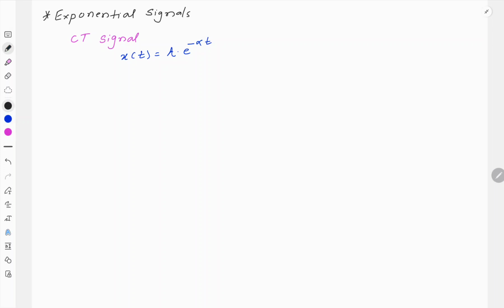So if we plot this exponential signal, it is in this way. We have axis time, origin and x of t, and now this signal will be represented as, see, we have a as the scaling factor for this exponential.